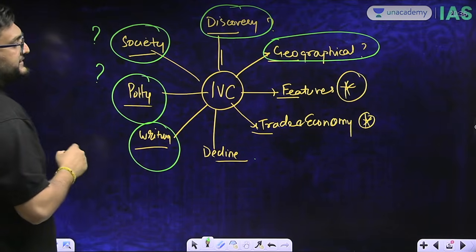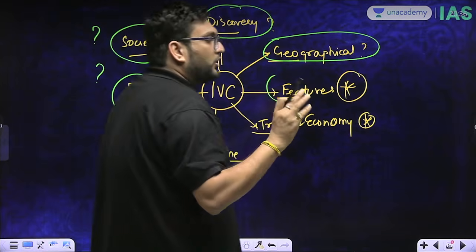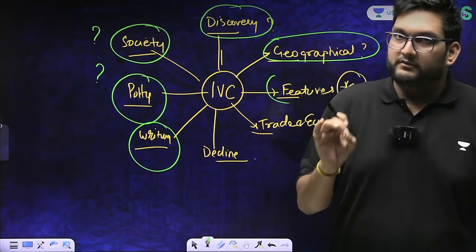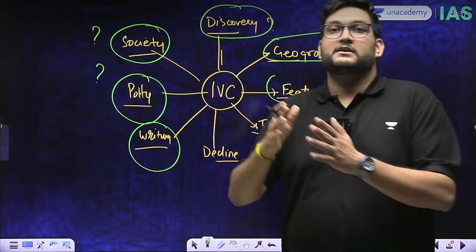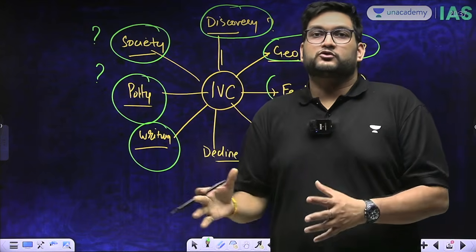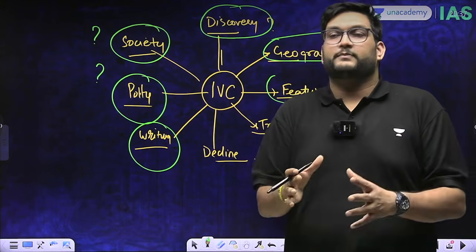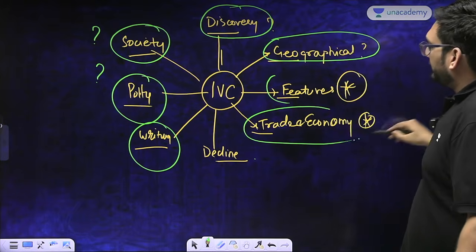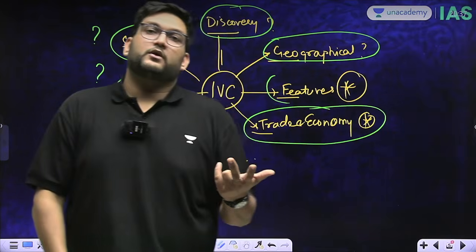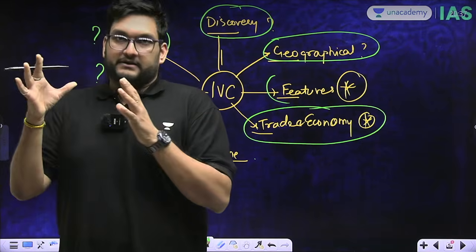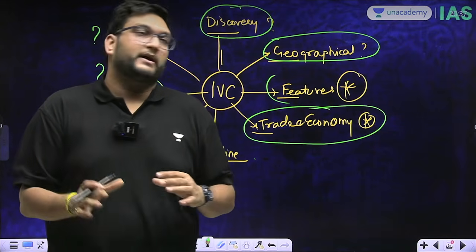Writing has not been deciphered. Features we know of: town planning, grid pattern, drainage, sewage, water management, standardization, 1:2:4 ratio, household designs which were also based on privacy. Then trade and economy, extremely advanced: agriculture, animal husbandry, hunting and gathering, but internal and external trade based on barter.